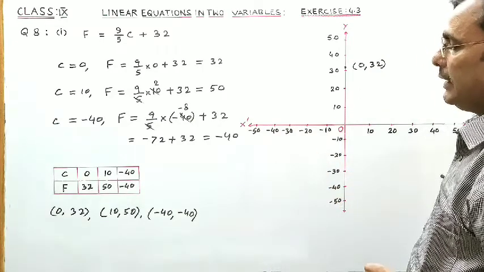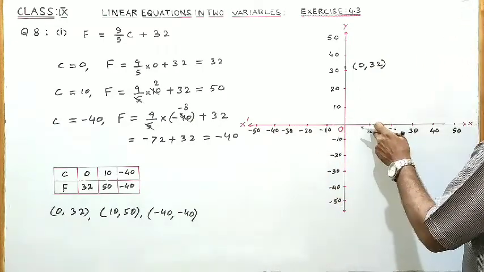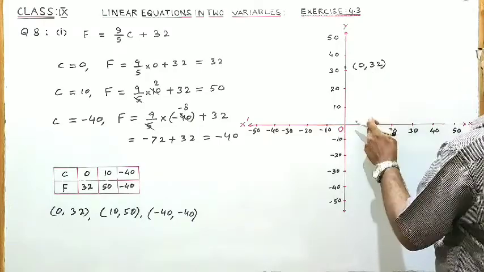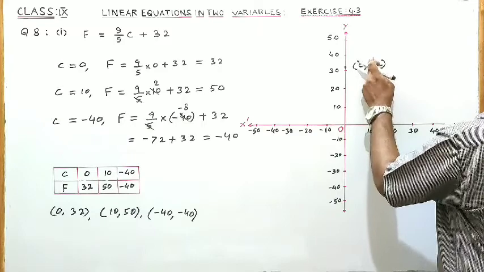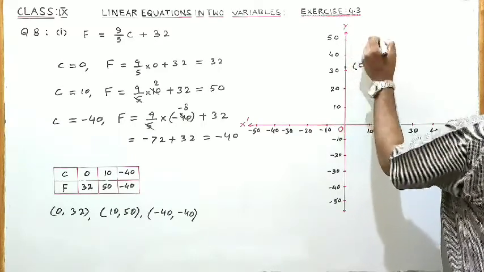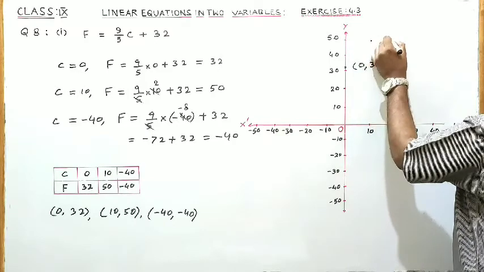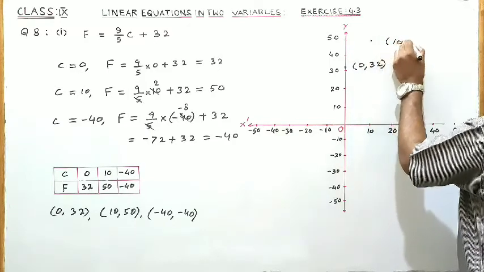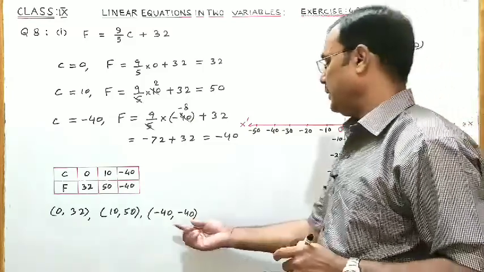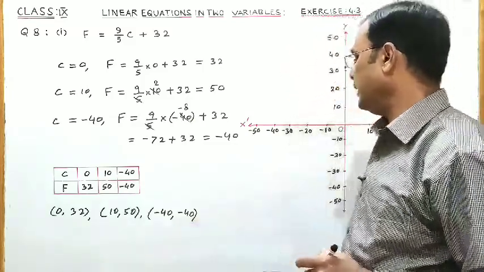Next point is 10, 50. On the x-axis 10, on the y-axis 50. So 10, 50 will be this point, and write coordinates 10, 50. Next point minus 40, minus 40.